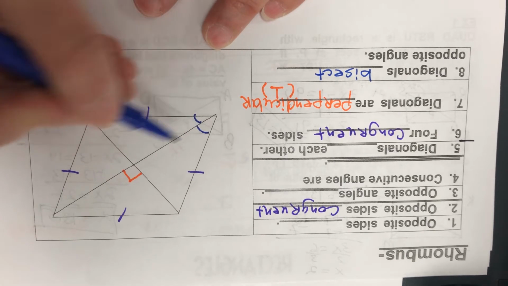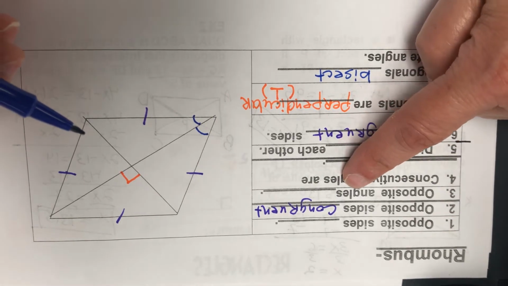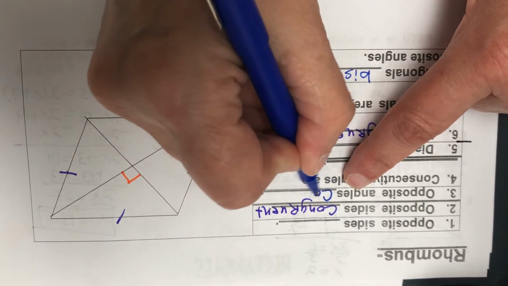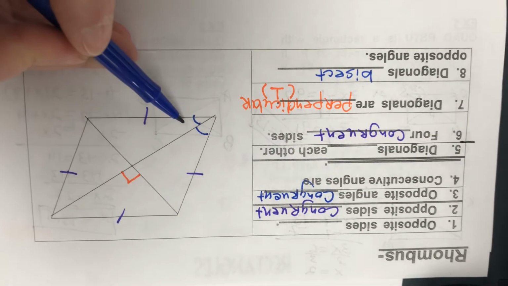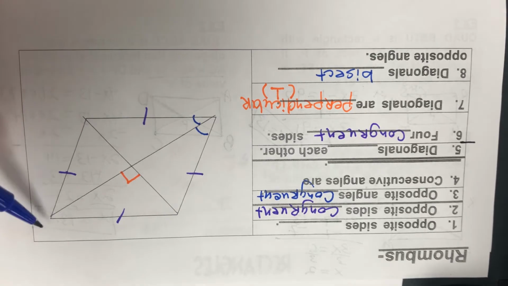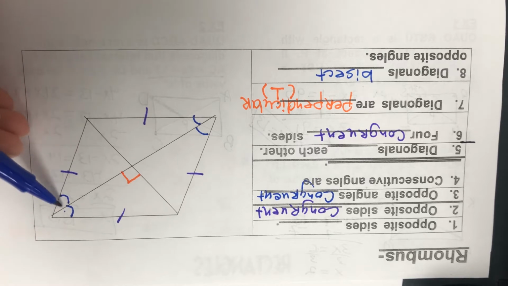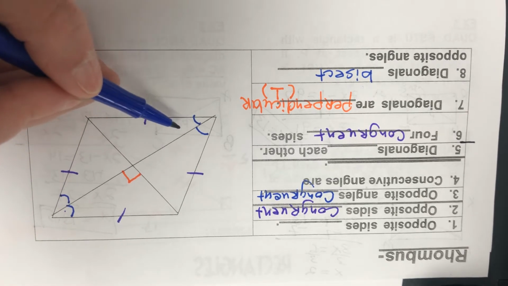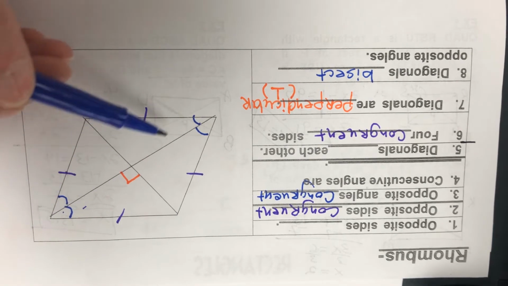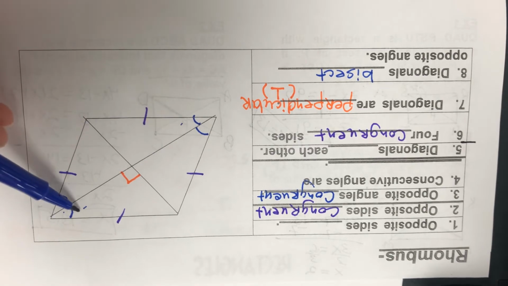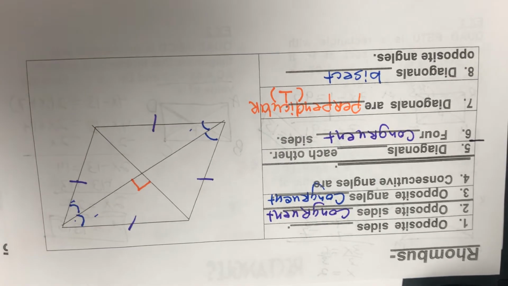This angle gets bisected, but because up here we know opposite angles are congruent, not only are these two angles congruent, but if we come over here to the opposite angle, these two are congruent to each other and congruent to these. But if you remember, for parallelograms, our alternate interior angles are congruent. So these two had to be congruent, and these two had to be congruent. So all 4 of these angles are congruent.